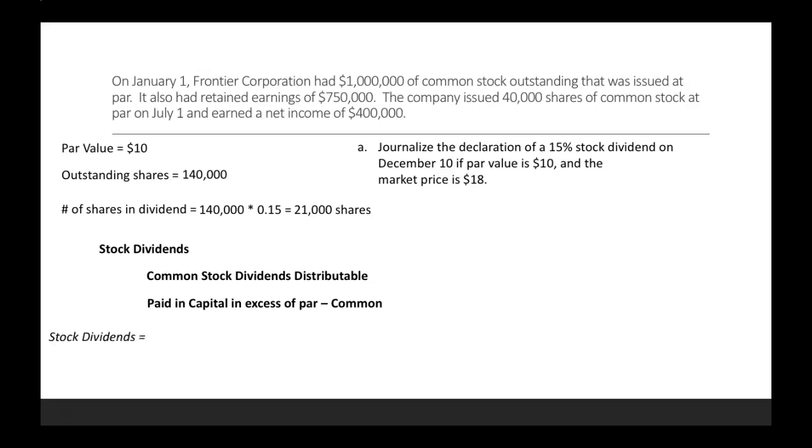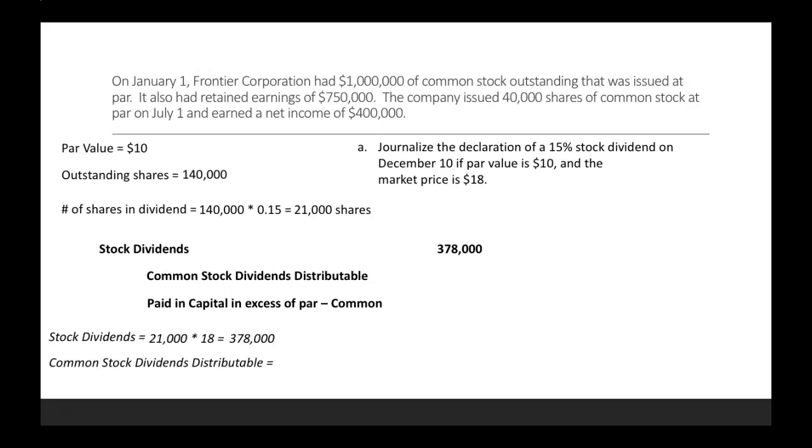Well, for your stock dividends, this is going to be your number of shares in the dividend multiplied by your market price. So our market price is $18. 21,000 shares times 18 gives us 378,000. So we'll debit our stock dividends 378,000.